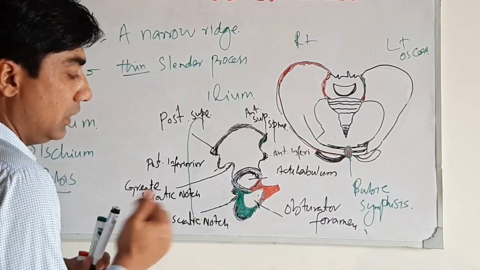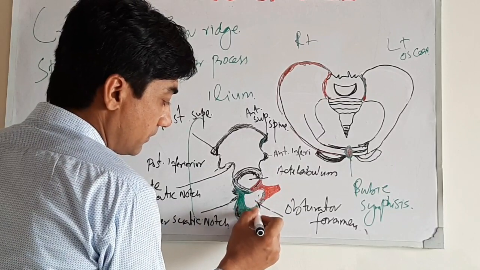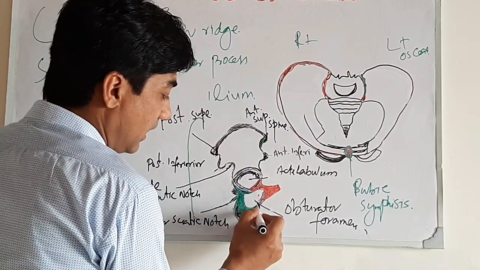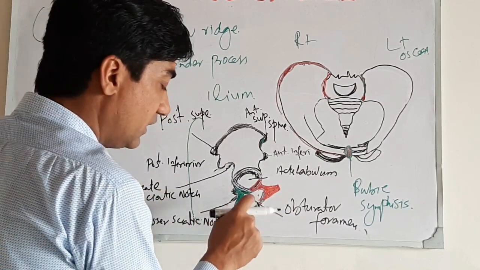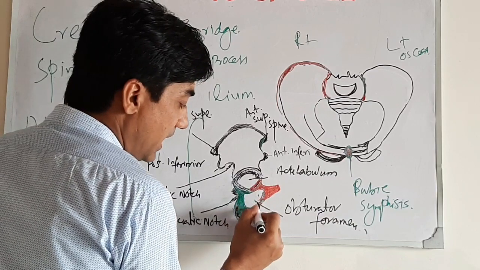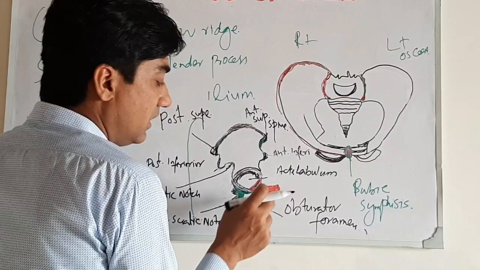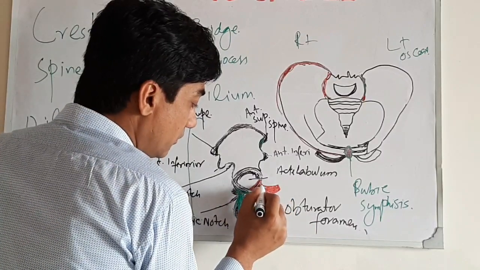And anterior to the ischial tuberosity there is a brim that is called the brim of ischium, which unites with the pubis bone. The pubis bone has two brims.